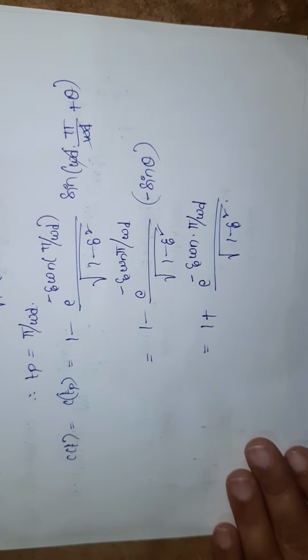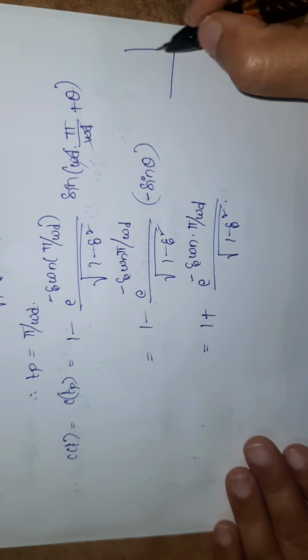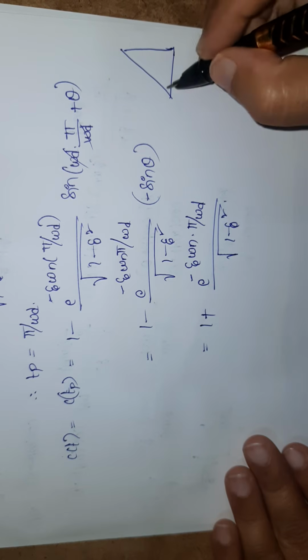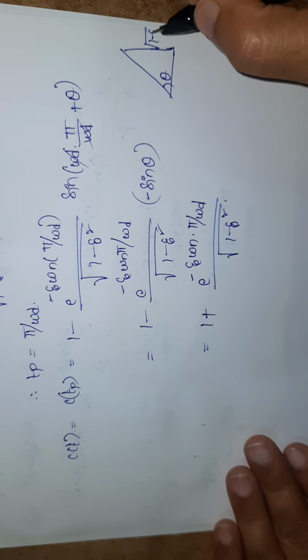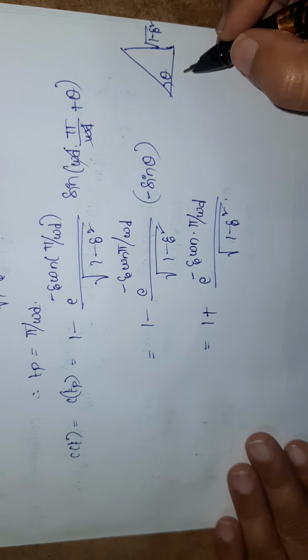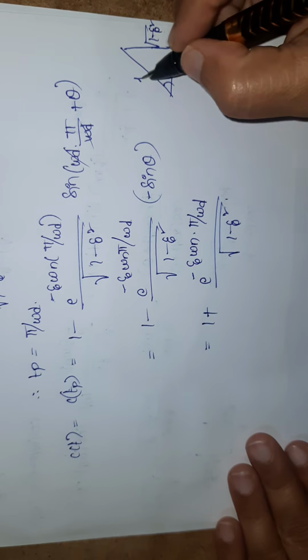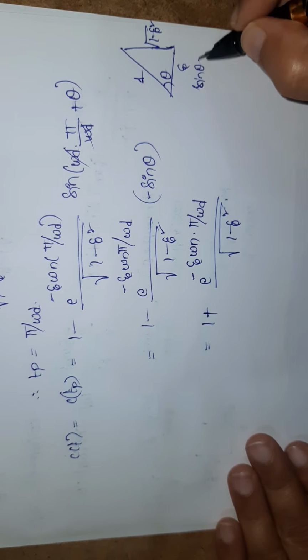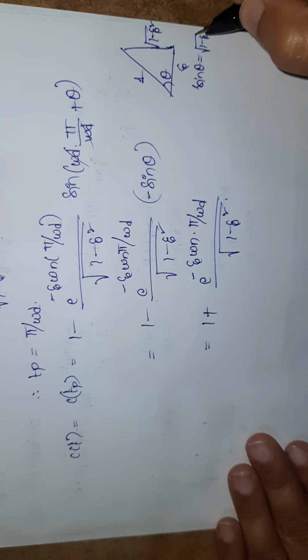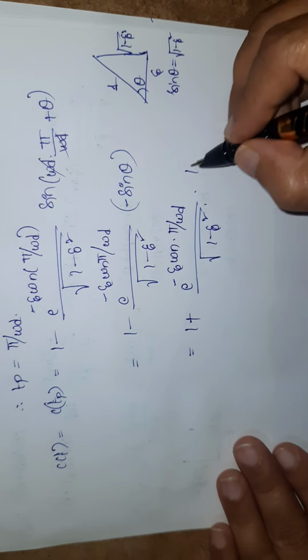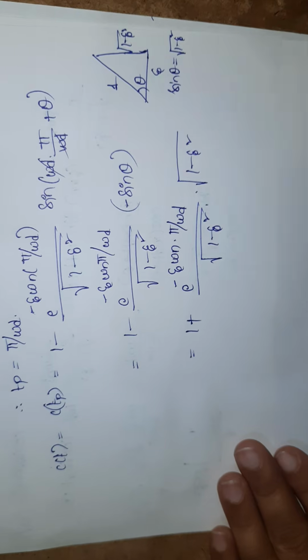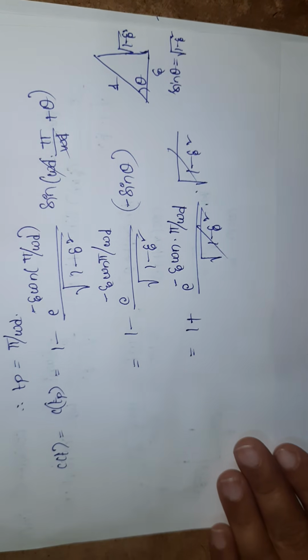and from this triangle, what is sine theta? Sine theta is square root of 1 minus zeta square, right? So here I will write square root of 1 minus zeta square, and this will get cancelled.